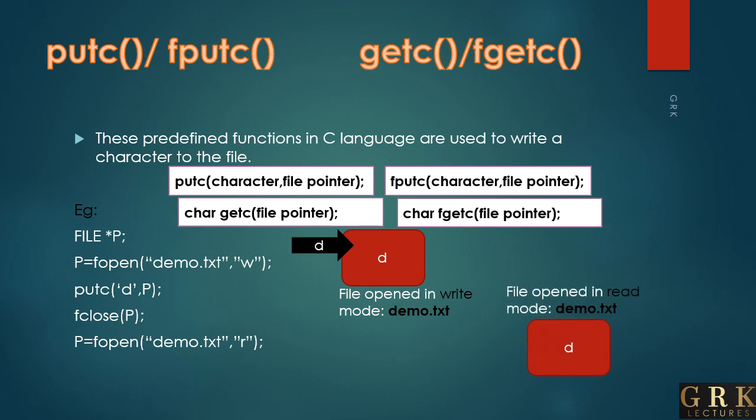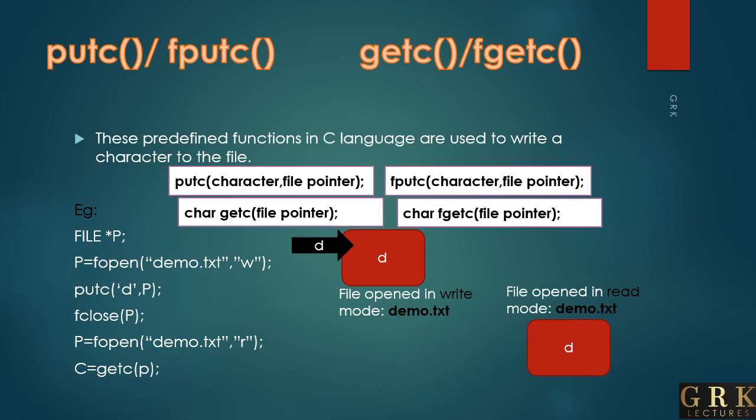Look at this. After this statement, the file will be opened in read mode. The file contains d, and this d will be read from the file. That reading will be done by using the getc function, and it takes only the file pointer.